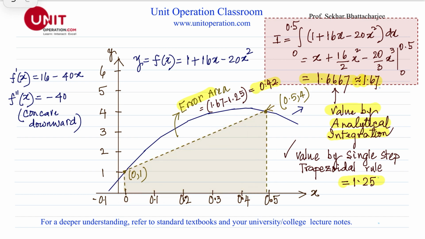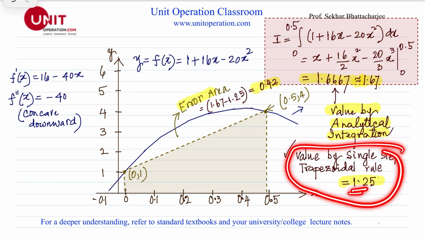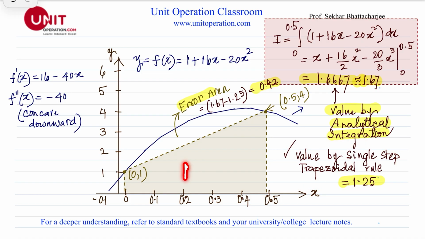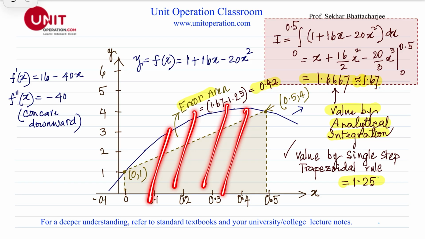This is my FA, this is my FB, and this is the height of the trapezium, 0.5. By the single step trapezoidal rule, the area of this trapezium is 1.25. The actual integration gives 1.67.